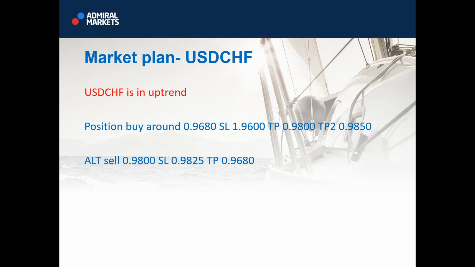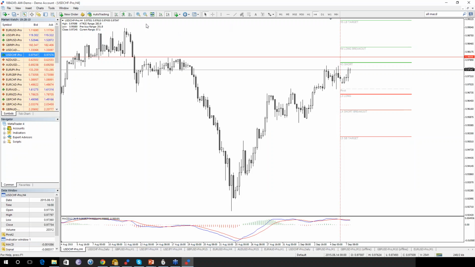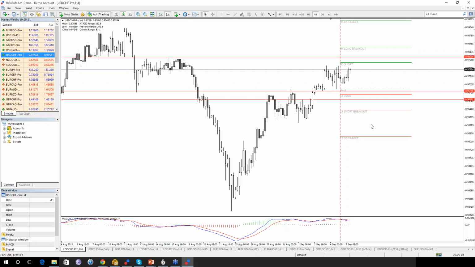96.80. 96.60, sorry, and 96.60 to 96.80. Yes, there are two confluence points here, but that is basically 20 pips.